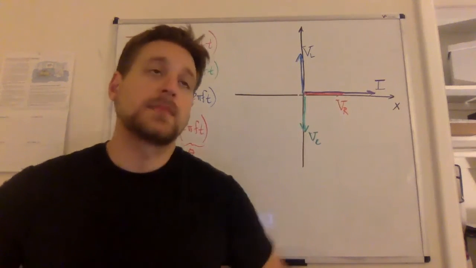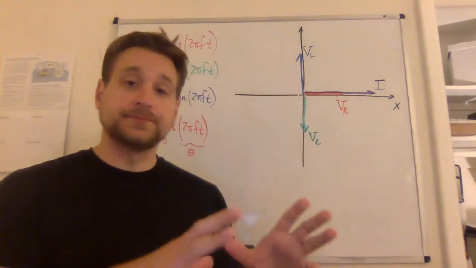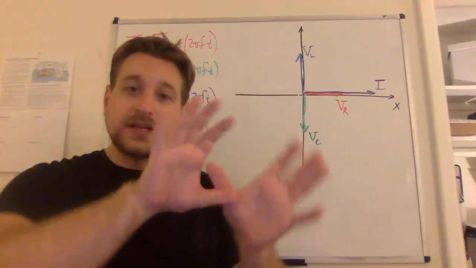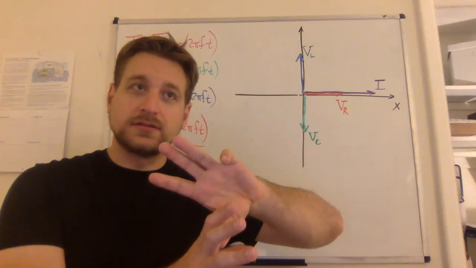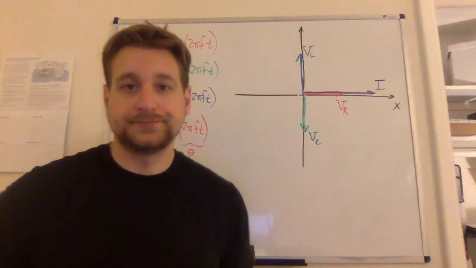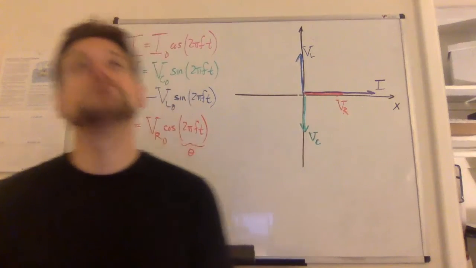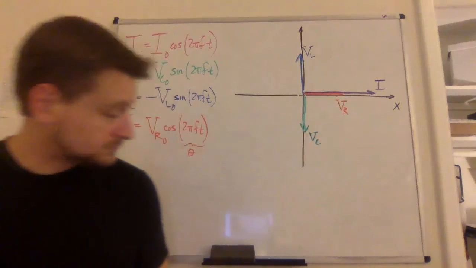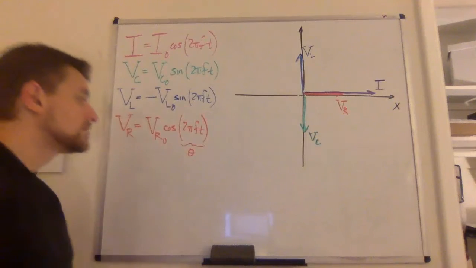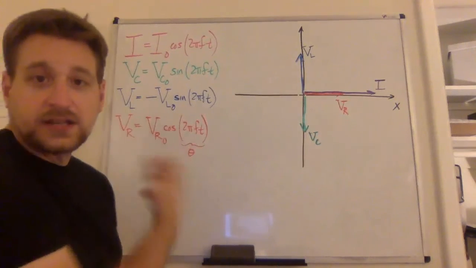Now, take the whole thing and start spinning it. Start moving it through circular motion with angular velocity omega. Sometime later, you've got an angle theta.